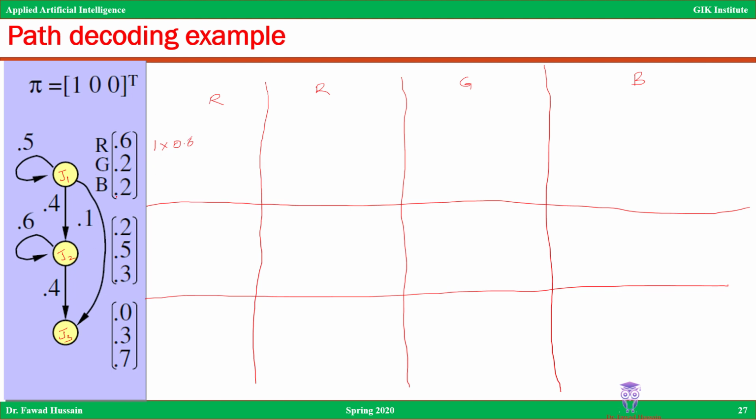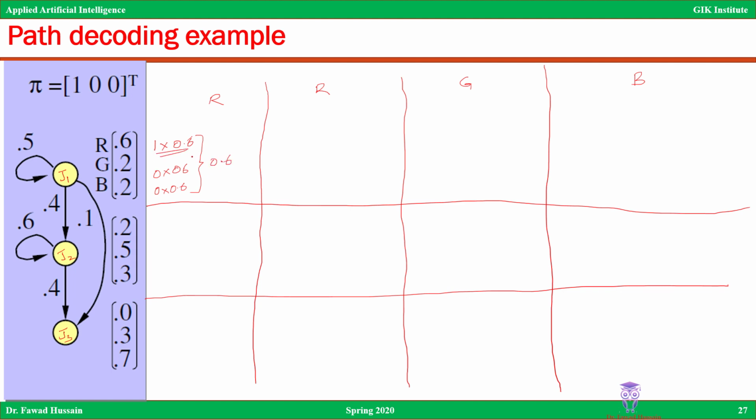And what's the probability it could have come here? There is no chance, because the probability of selecting jar 2 is 0. So this is 0 multiplied by 0.6, and this is again 0 multiplied by 0.6. So I have this, and I take the max value, which is 0.6.